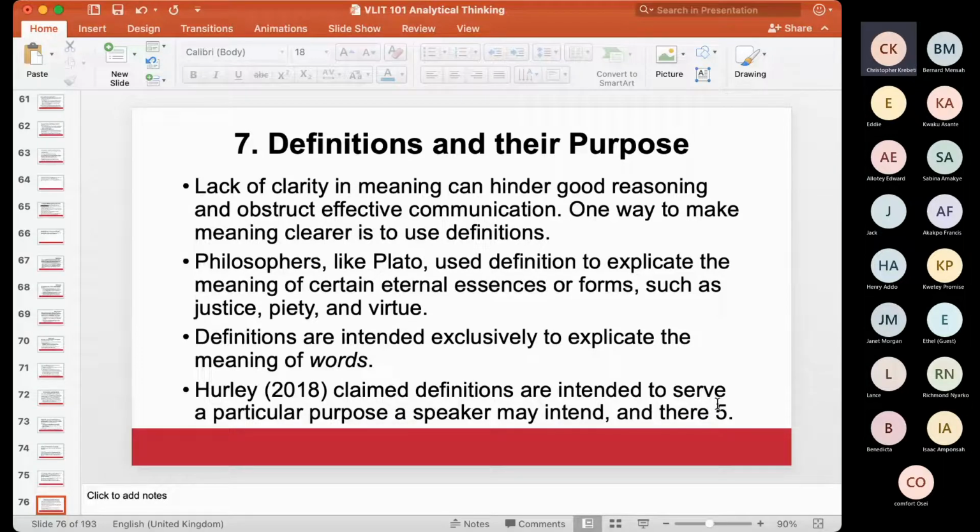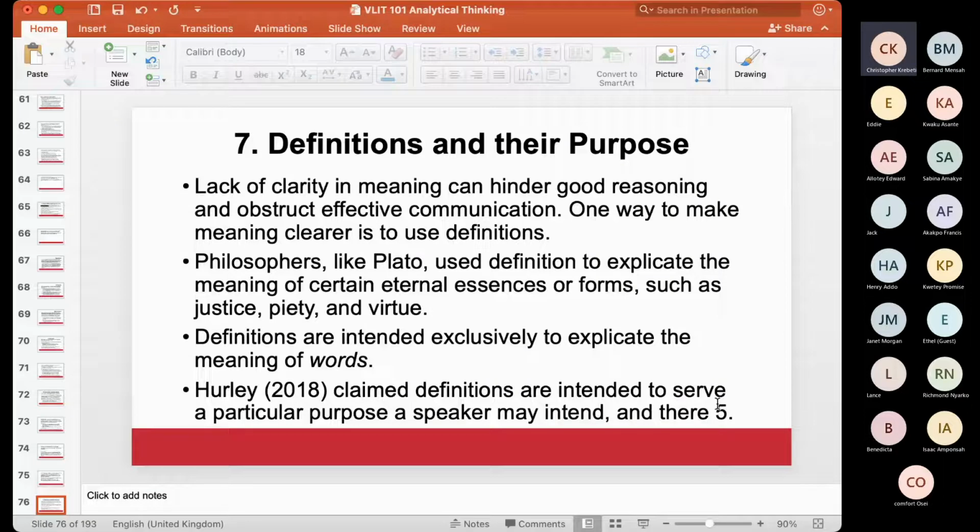Definitions are intended exclusively to explicate the meaning of words. When you say explicate, to make clear the meaning of words, right? So Halley claimed definitions are intended to serve a particular purpose a speaker may intend. So the purpose you intend to use the word for, define the word for it.